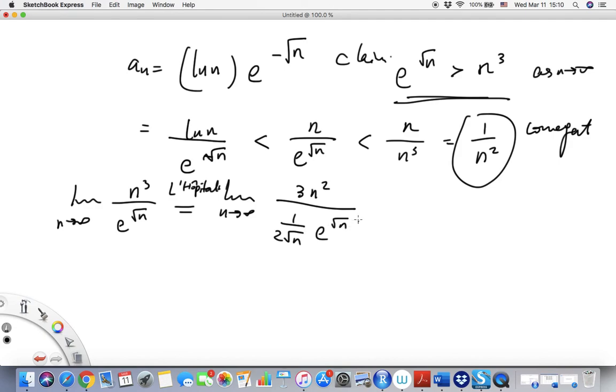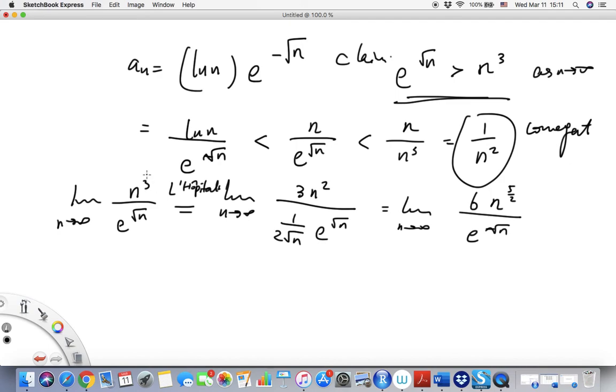Again it's infinity over infinity, so you use L'Hopital's again. Let me rewrite this. That's going to be 6n to the 5 over 2 over e to the square root of n.